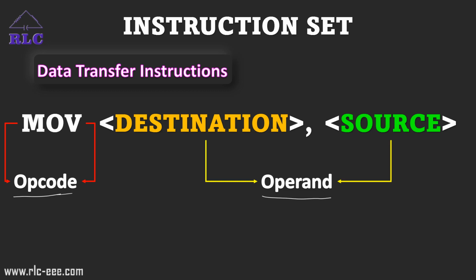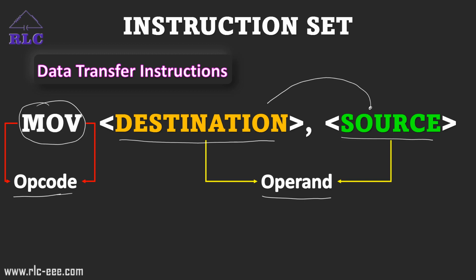Here we can see MOV is an opcode which indicates that a data transfer instruction is being executed. Then the destination and the source: we are telling it to copy the data from the source to the destination. That is what the instruction MOV destination, source states.